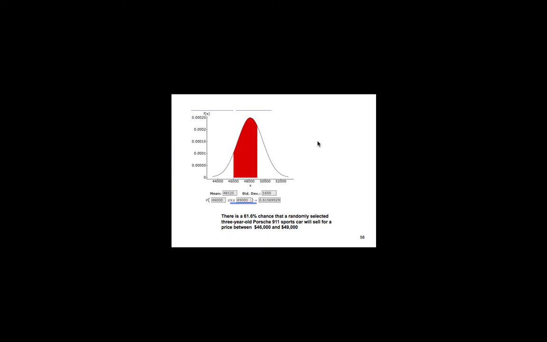Now I'm going to tell you a little secret. In the previous demonstrations, the mean, of course, had been set to 0 and the standard deviation 1 because we were calculating z-scores and we were using the standard normal curve. There's actually a little way to cheat. You can change the mean to the actual mean, in this case 48,125, and the standard deviation of 1,600.